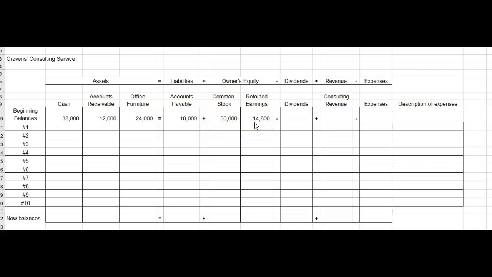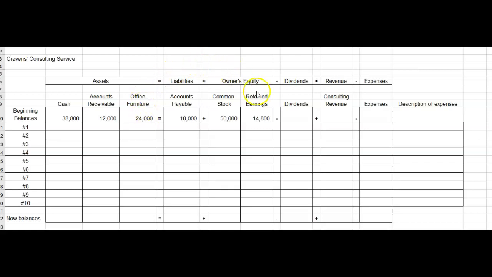Let's make sure our books are in balance at the beginning of the month before we begin to post our January transactions. Do assets equal liabilities plus owner's equity? Let's check it out. The total of the assets is $74,800: $38,800 plus $12,000 plus $24,000 equals $74,800.